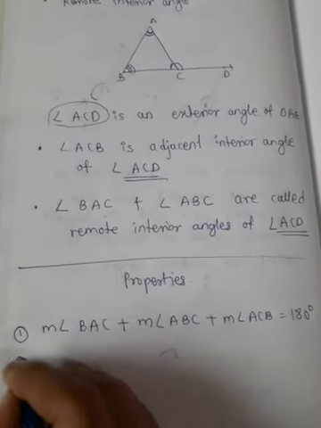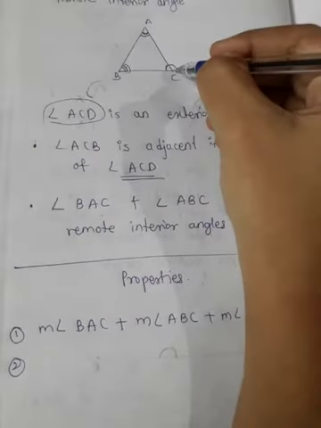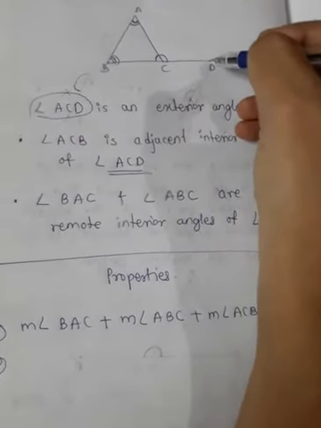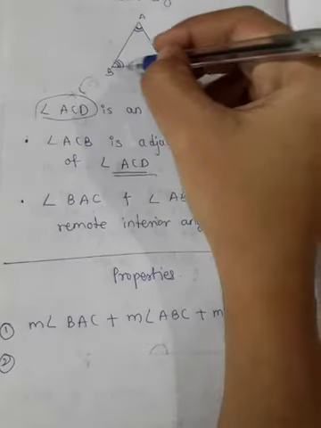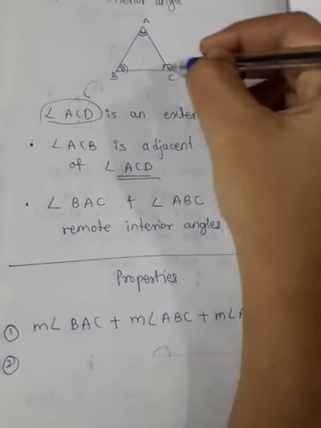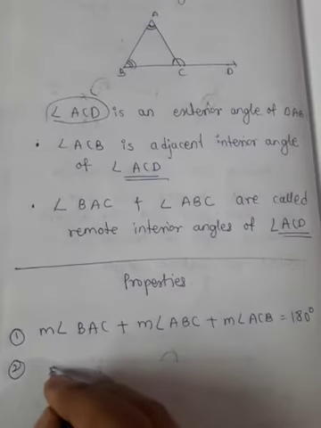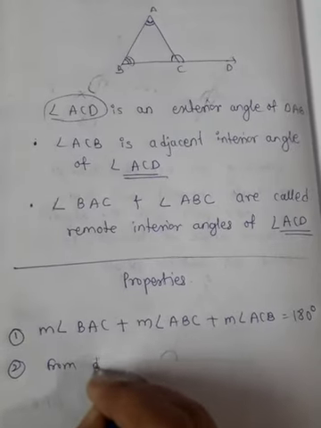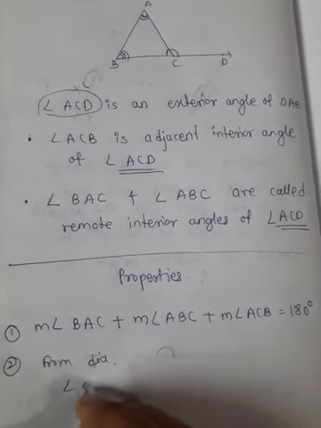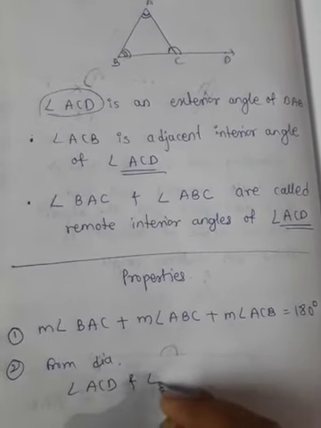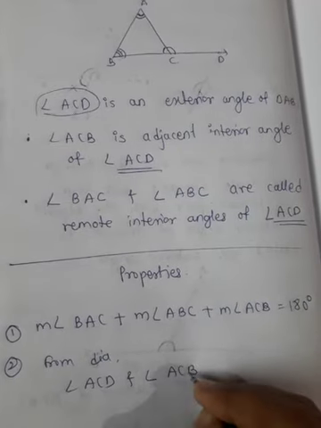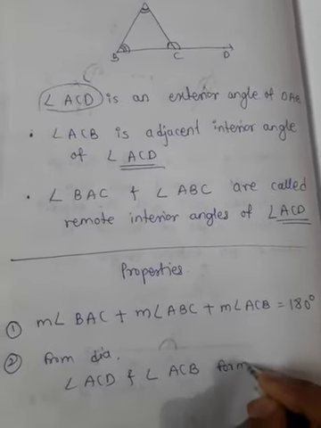Now see, angle ACD and angle ACB are adjacent and form a linear pair.